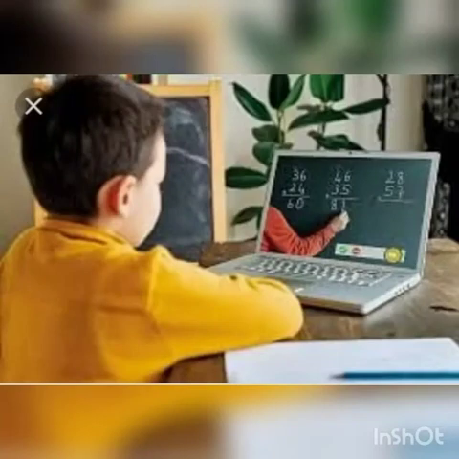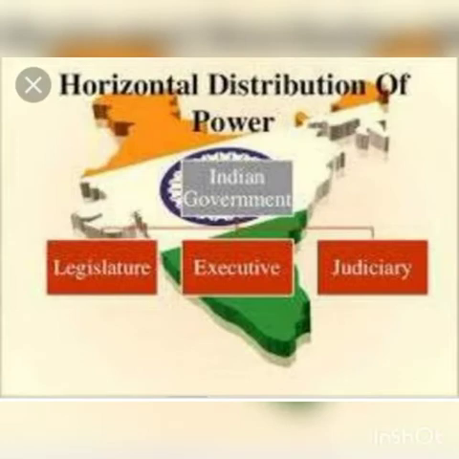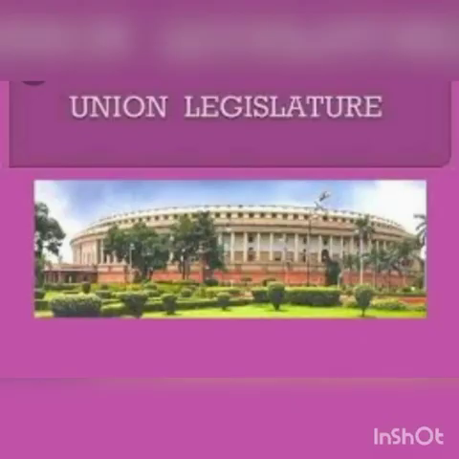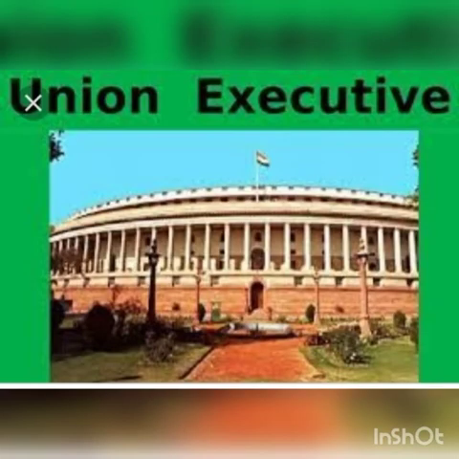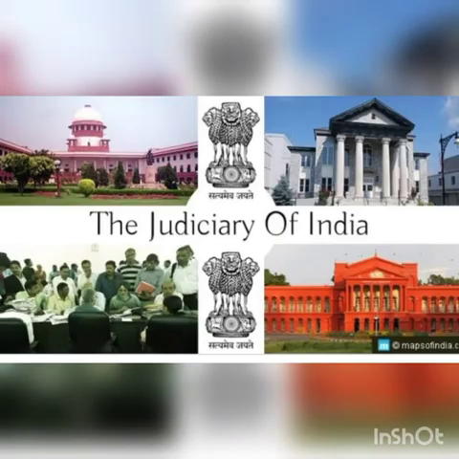You know, students, that the Indian government has three main organs: the legislature, the executive, and the judiciary. You have already studied the union legislature, the union executive, and now we are going to begin with the judiciary.